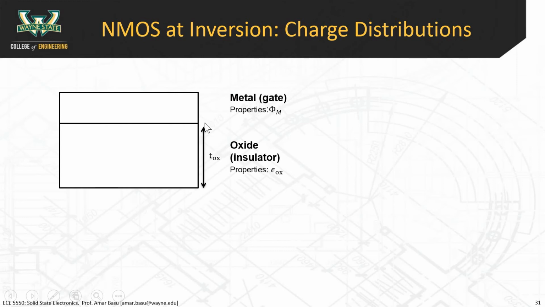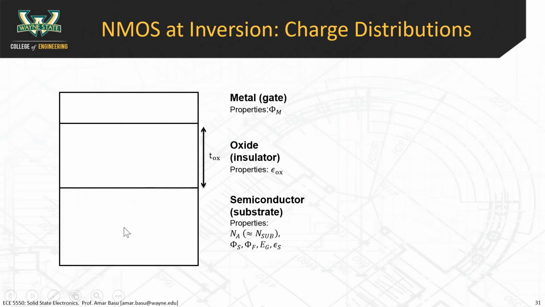So there's a thickness of the oxide here given by Tox, and the oxide also has a property that it has a certain dielectric constant, which is denoted by epsilon ox, epsilon of the oxide. Below the oxide, we have the substrate. Again, we're looking at that vertical cross section, not the horizontal cross section.